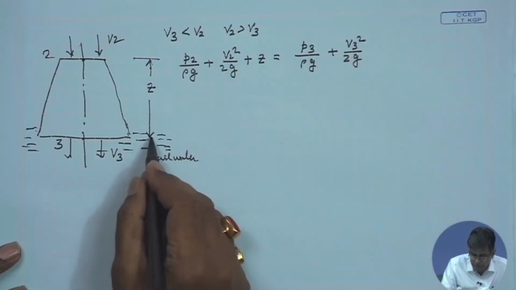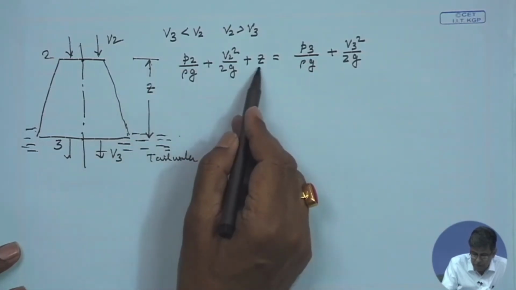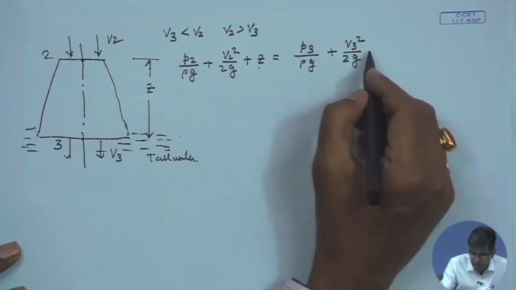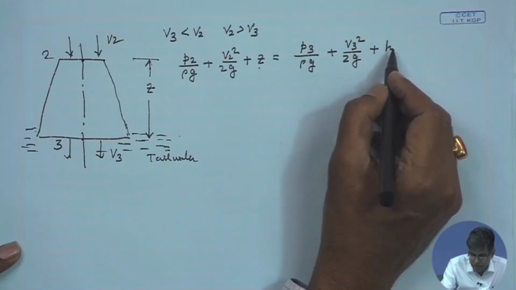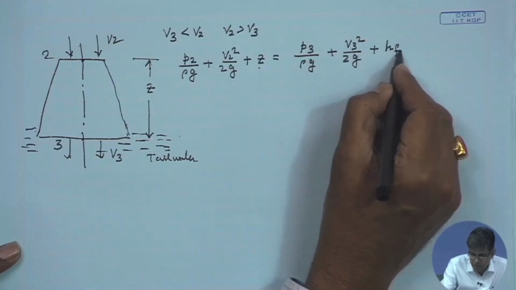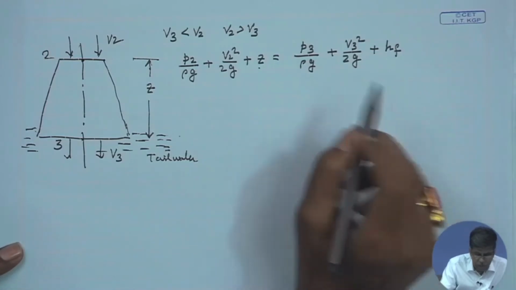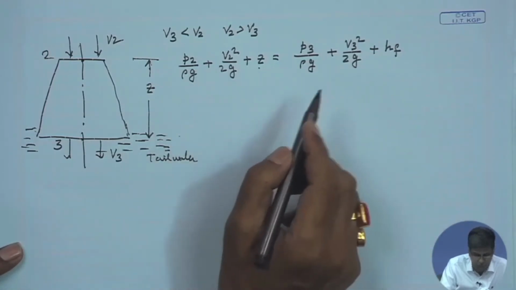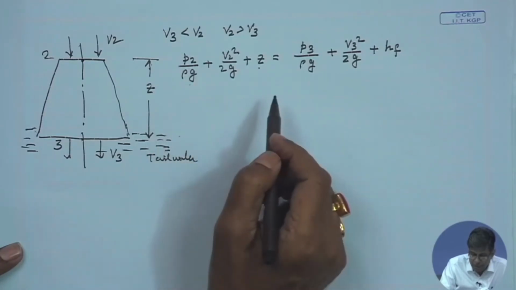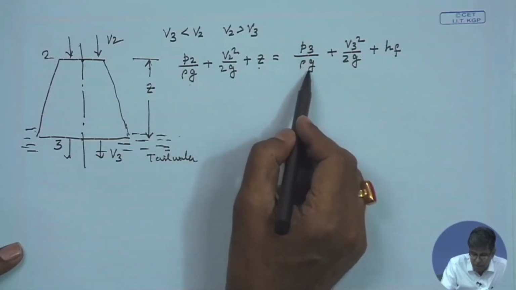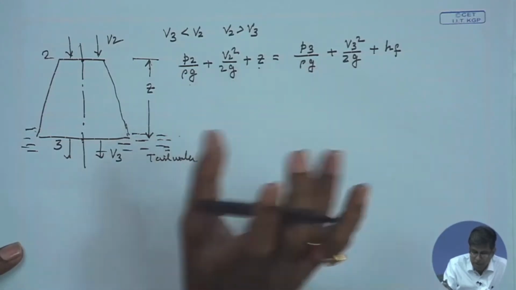Z is 0 here, this is considered as the datum from where we have defined Z, plus the losses. That means we are considering the viscous effect through a head loss. That is a modified Bernoulli's equation. From here we have seen that P2 by rho g will be lower than P3 by rho g, which is usually the atmospheric pressure, that we have already recognized.